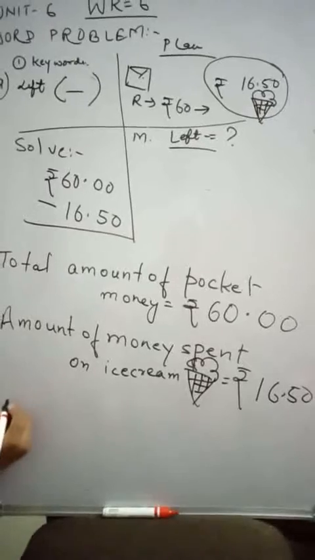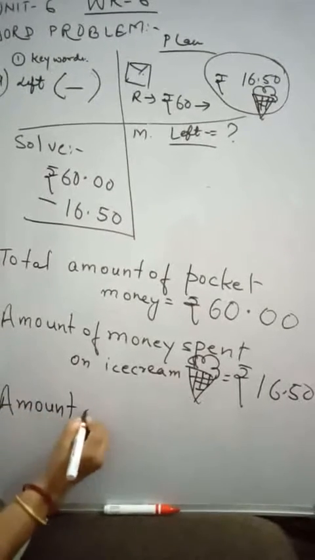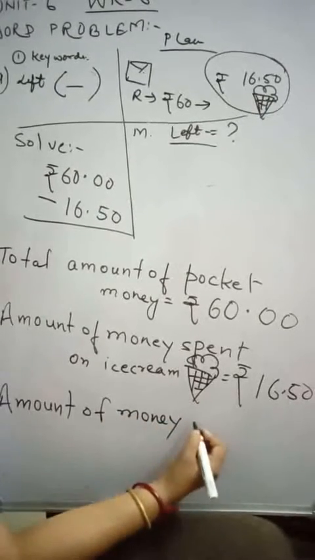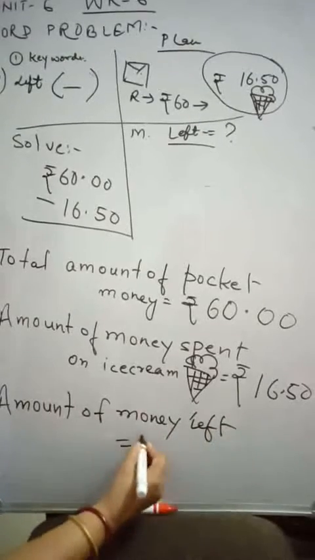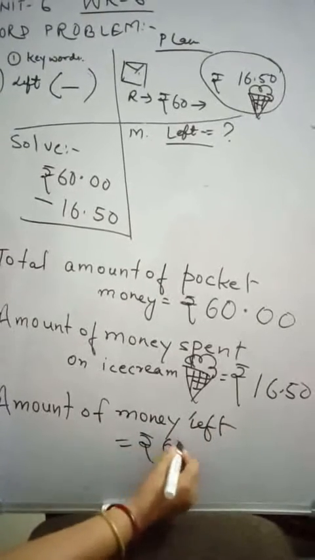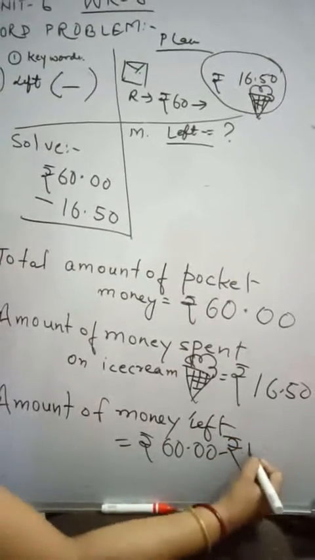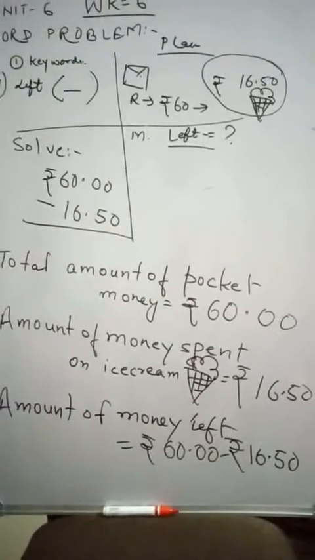Now the question is the amount of money left with Raju. That is what you will have to find. Subtract 16.50 from 60.00. Okay, so we will do the subtraction.